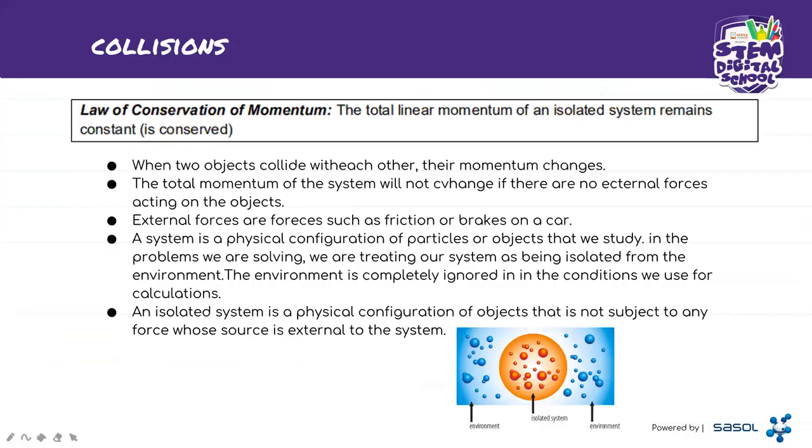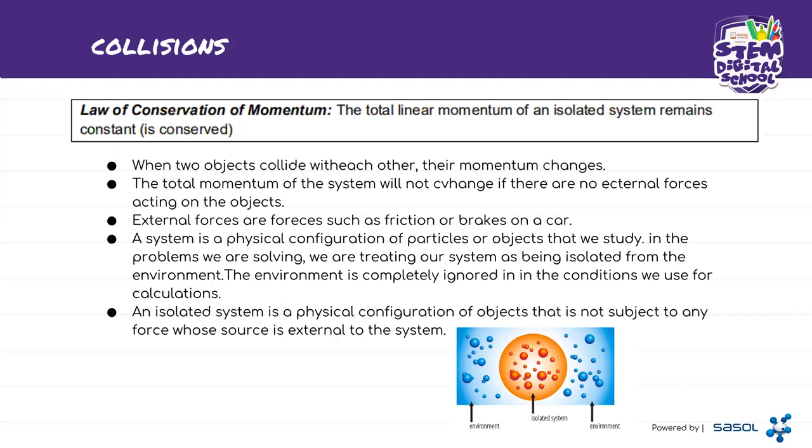External forces are forces such as friction or brakes on a car. The total momentum of the system will not change if there are no external forces acting on it.